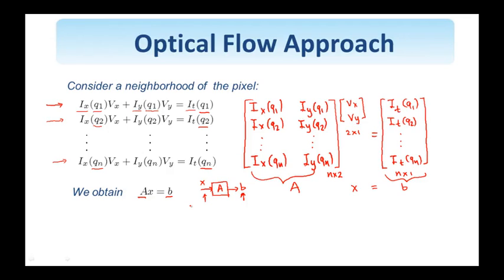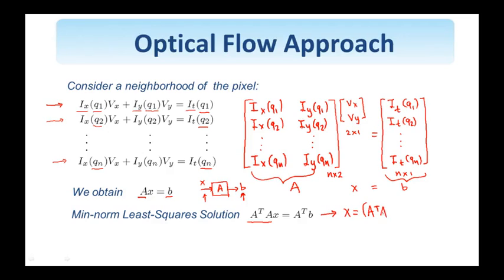So for example, one solution to this problem is the minimum norm least square solution, also called normal equations. If A transpose A is an invertible matrix, then I can find my solution, the displacement vector field, as x equals A transpose A inverse A transpose b. If not invertible, I can then use the generalized inverse.